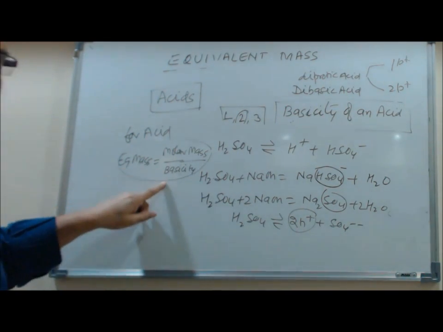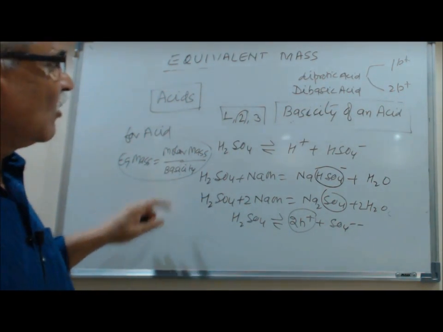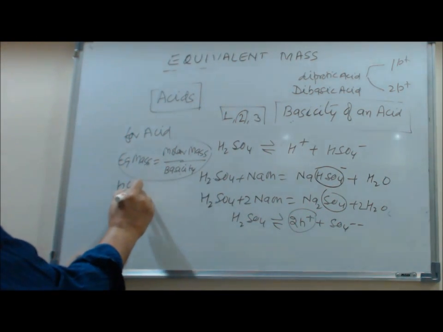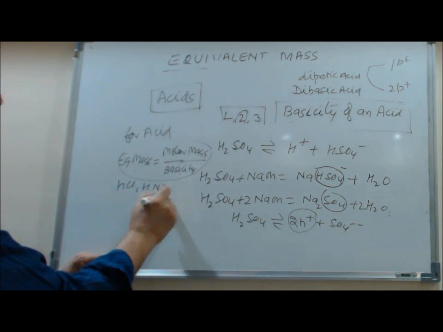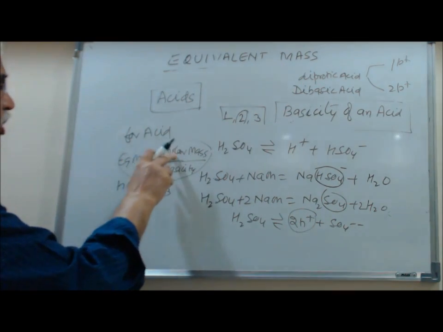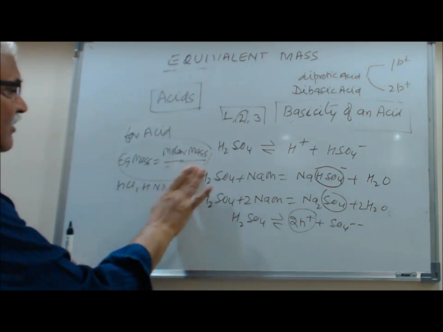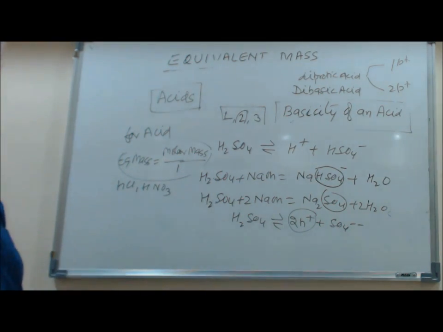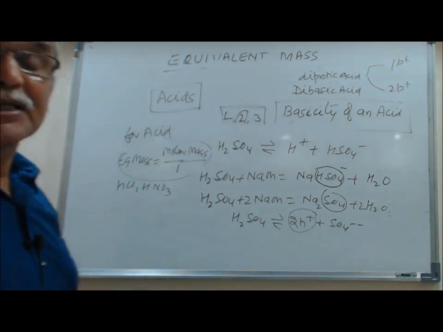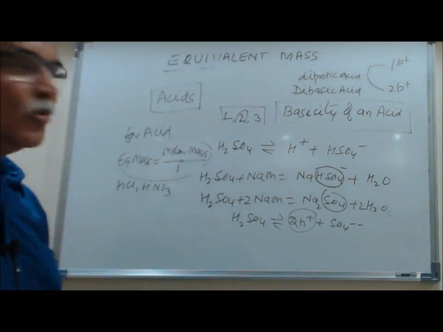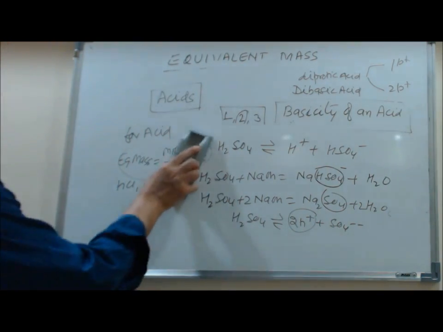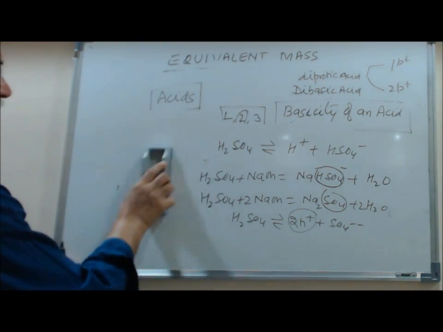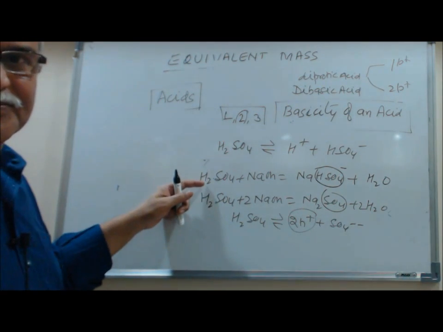It is molar mass by basicity. In case of monoprotic acids, HCl, HNO3, it will always be equal to molecular mass because basicity in this case always will be 1. But in case of dibasic acids, it can be molar mass by 1 or molar mass by 2. So what is the equivalent mass of sulfuric acid in this reaction?